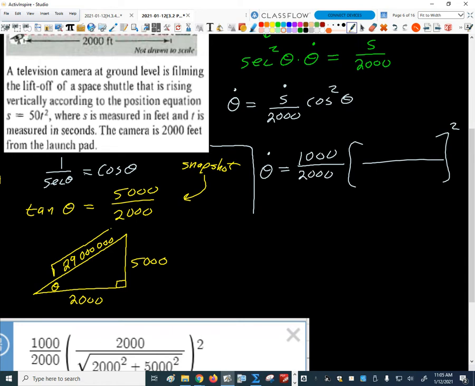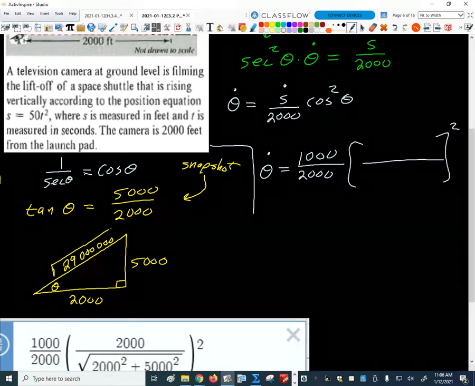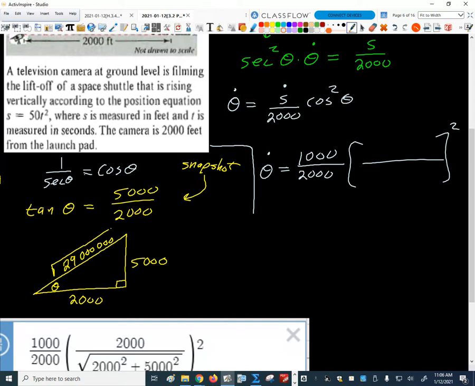Well, based on my reference triangle, what's the ratio here for cosine of theta? Which one is cosine again?